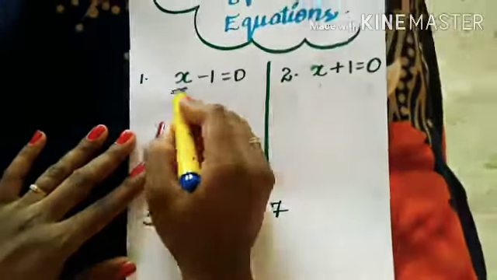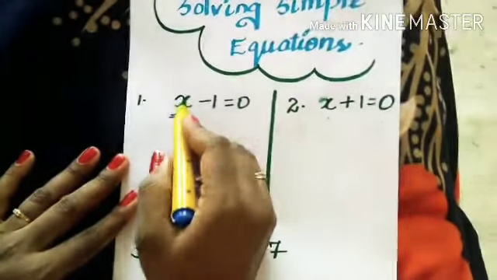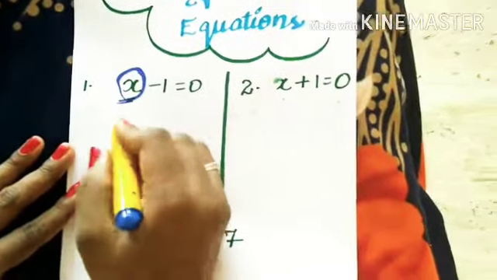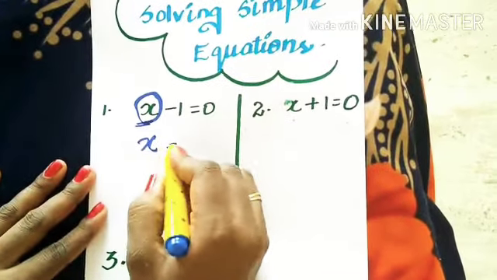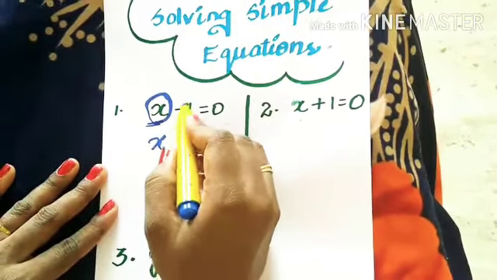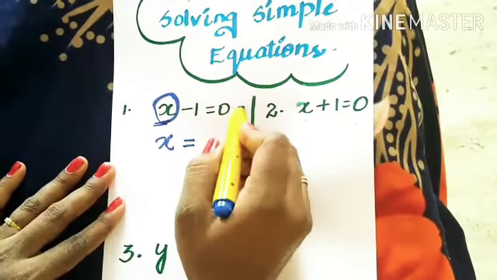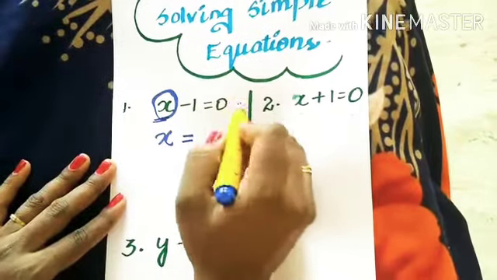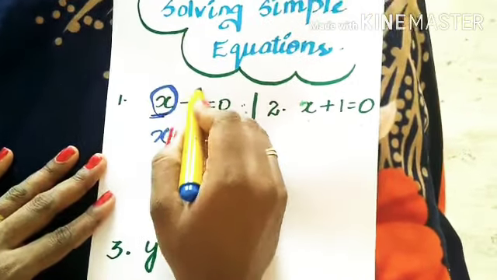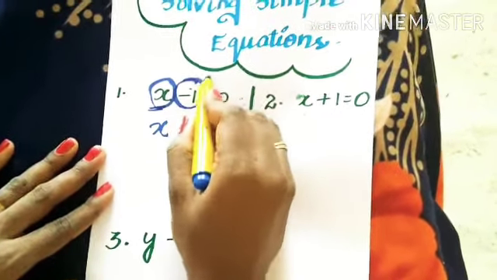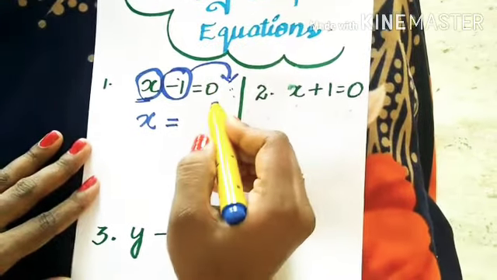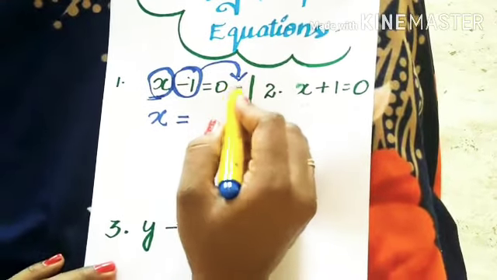First separate the variable. What is the variable here? Here the variable is x. So x equal to this minus 1, when it goes to the other side of the equal to sign it becomes plus 1.